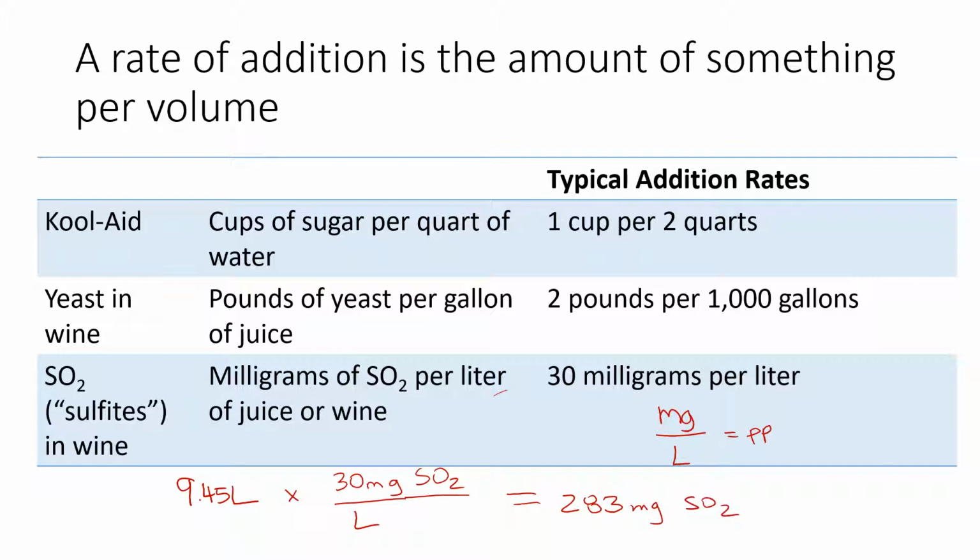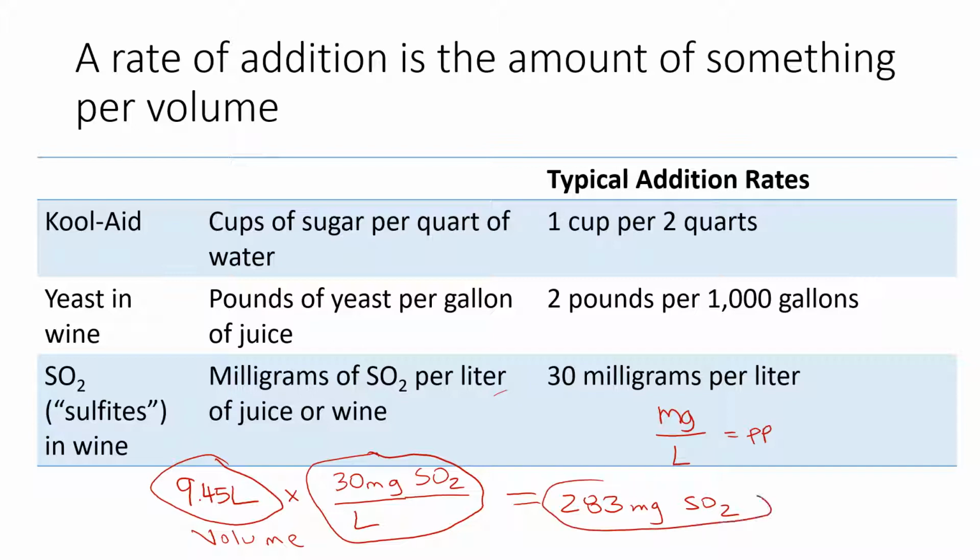It's really important to distinguish the addition rate from the total amount that we add. The addition rate is 30 milligrams for every liter. If we multiply that by the volume, in this case of wine, could be juice, then we get total addition.